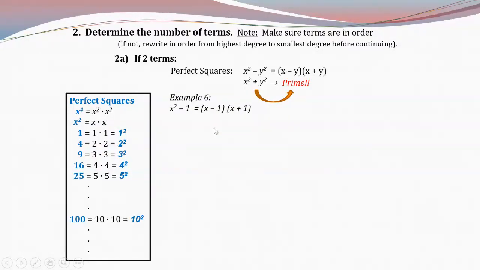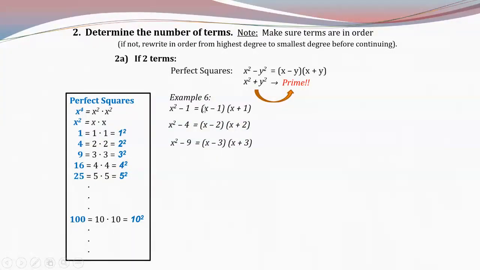Example 6. So if I have x squared minus 1, right, we apply the rule. So it's going to be x minus 1 and x plus 1. x squared minus 4 is going to be x minus 2 and x plus 2. x squared minus 9 will give you x minus 3 and x plus 3.